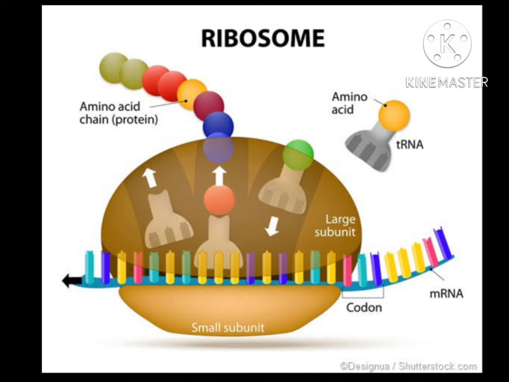And then, moving on to prokaryotes. Prokaryotes are also known as simple cells. Why do we call it a 70S ribosome? Because the cell size is reduced compared to eukaryotes, since these are simple cells.